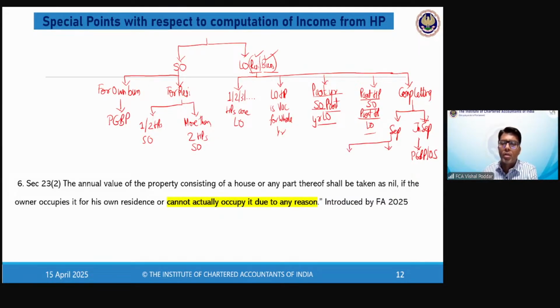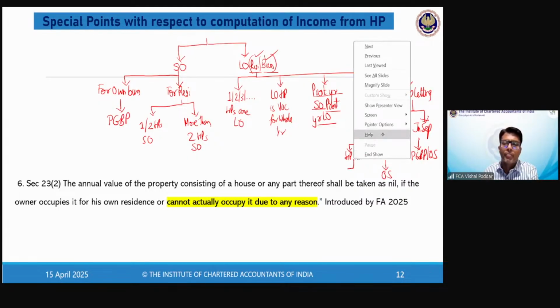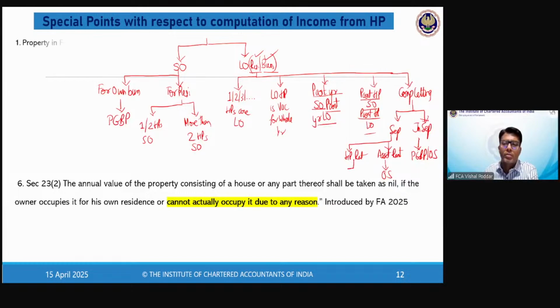If separable, then you will separate the rent of HP and the rent for the assets. Rent for assets will go to other sources. Rent for HP will be treated in the same fashion as a let out HP, whatever may be the case scenario.